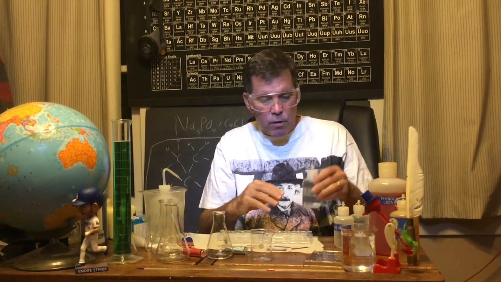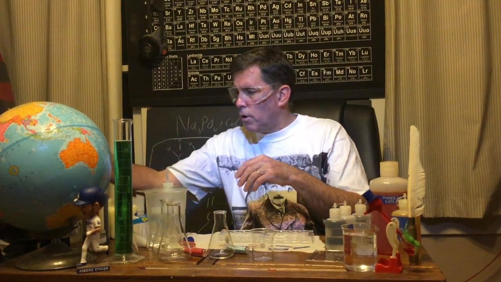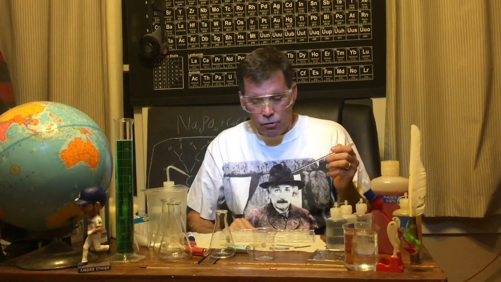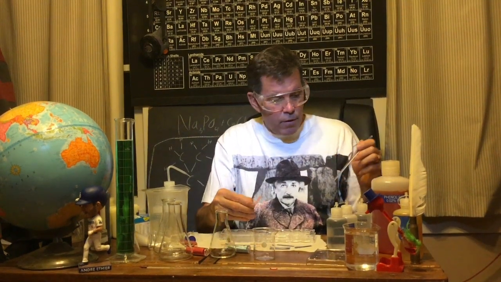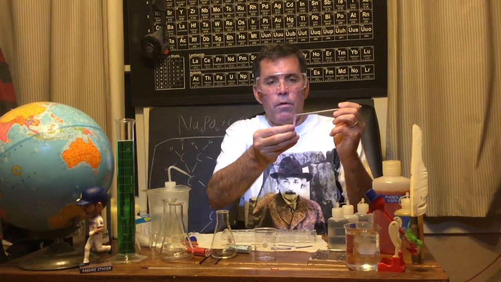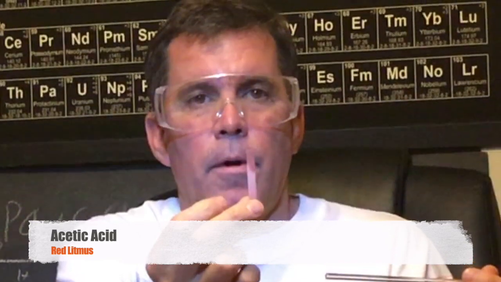Okay, so what I'm going to do to test these is I'm going to take my stirring rod, dip it in each solution and test out the different papers. So here's the first one. This was acetic acid. I'm just going to dip my stirring rod to it. You can see. You make the observations. What color did the paper become?